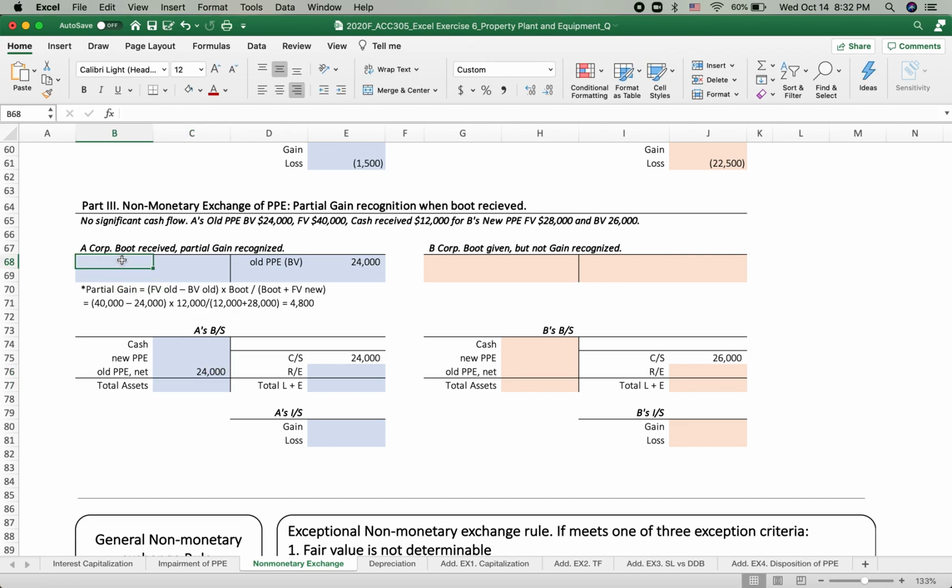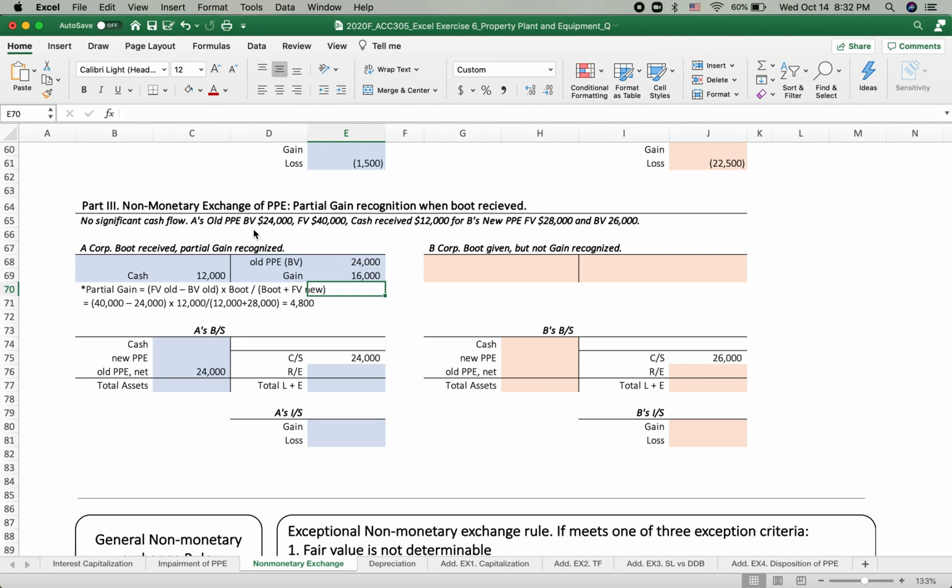And then here we should record the cash received, that is the obvious one, $12,000. And then we should record the gain. How much is the gain? The difference between the $40,000 fair value and the book value of $24,000. So 40,000 minus 24,000, and the gain is 16,000.